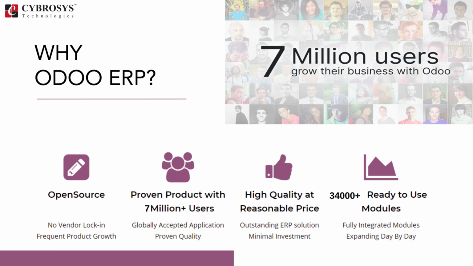That's why our Odoo App Store consists of this many proven products, like 34,000 plus ready to use modules, contributed by various developers and this community from around the globe.